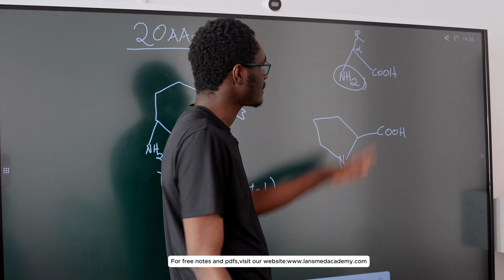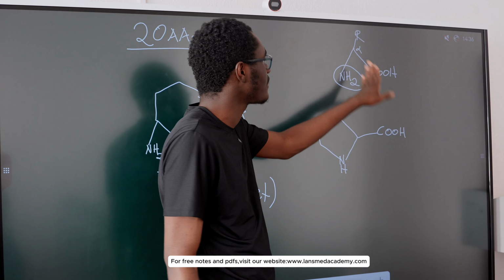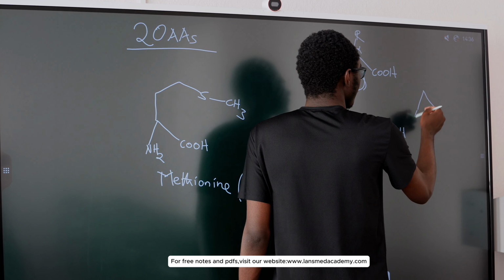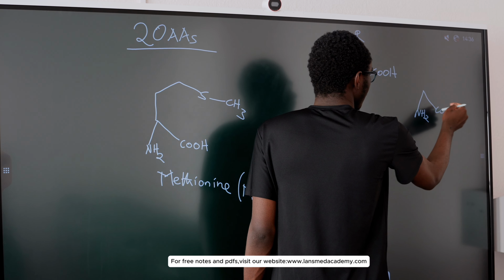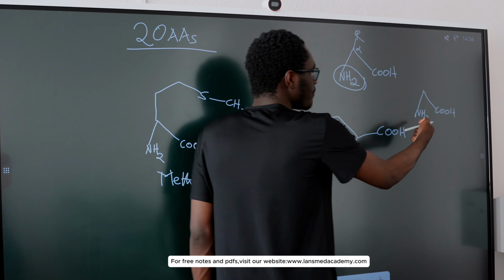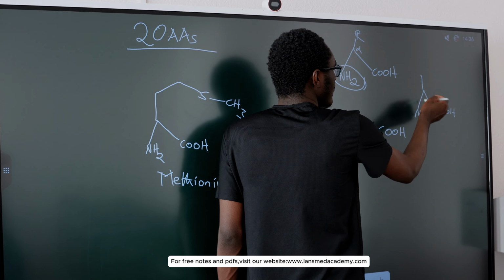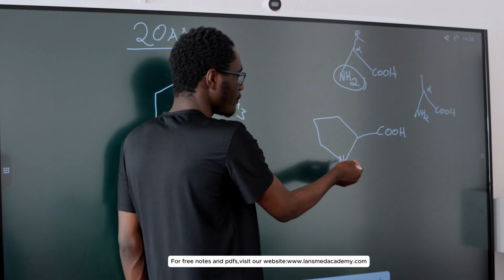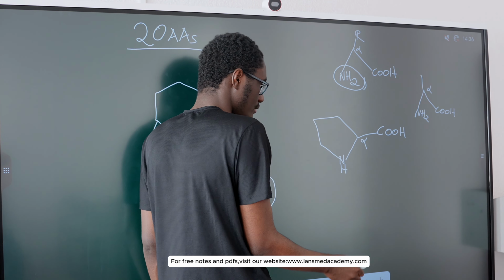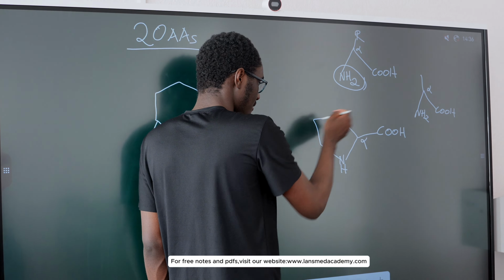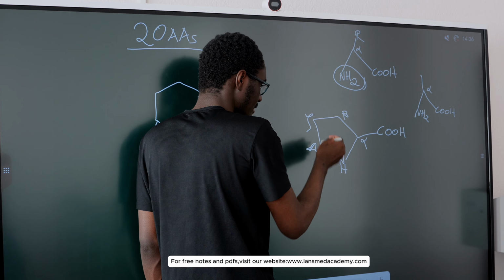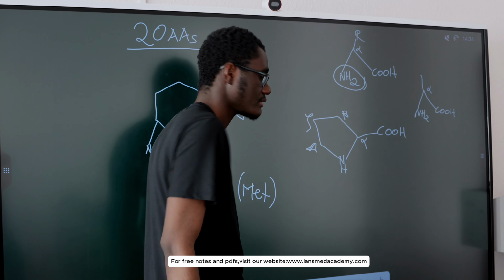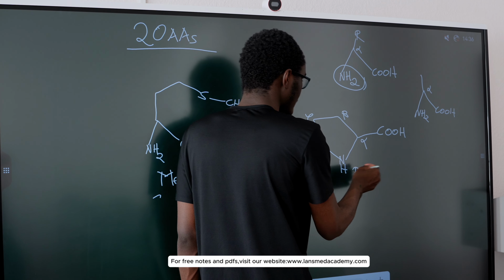So, as you can see, all the amino acids, for example, let's say alanine, the amino group in alanine is attached to the first carbon here. For proline, this amino group is attached not just to the alpha carbon. So we have alpha, beta, gamma, delta. So it's attached to two different carbons. So it is said to be an amino acid. Proline.